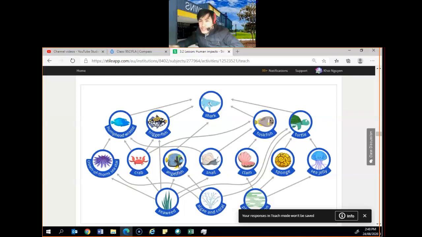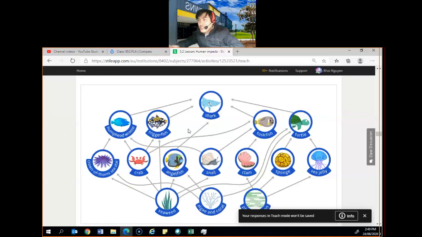Does that make sense? And is there anything else that would eat seaweed? There's a lot. But you can see there, just because the seaweed decreases, it also causes the triggerfish and the angelfish to decrease.